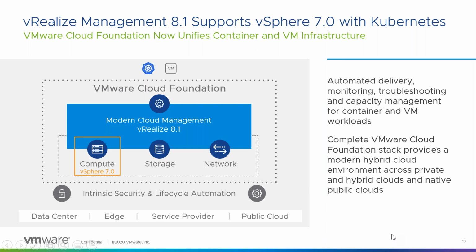For example, there are new constructs and new objects that come as part of that new capability, and vRealize Operations is ready to understand those in vRealize Operations 8.1. Next slide.